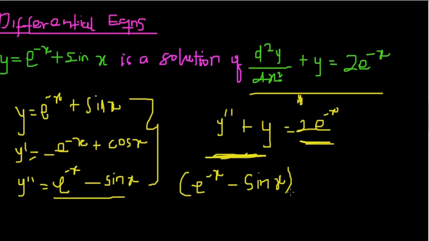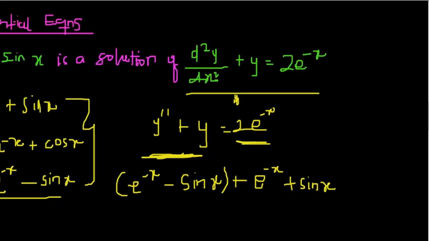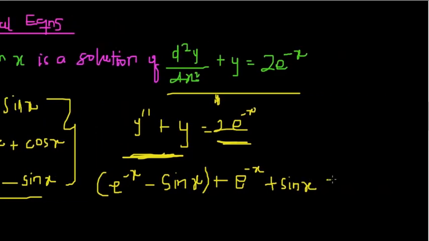And then we have y, this is our y, so we have plus e of negative x, plus sine of x, and then this has to be equal to what? 2 e exponent minus x.